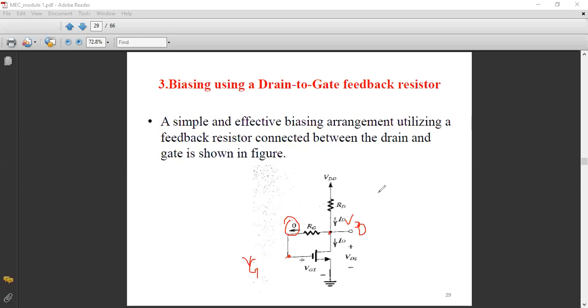Others, Pramod? Pramod, you tell me what will be the potential difference between drain and gate? Yes, Soumya, good. Yes, Pramod, good.